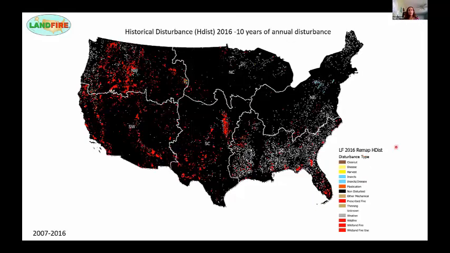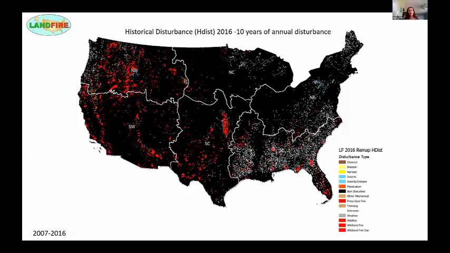Then we have this aggregation of 10 years of annual disturbance information that we put together. This one was from LANDFIRE Remap, and it had the years 2007 through 2016. You can see definite patterns with the 10 years of disturbance.